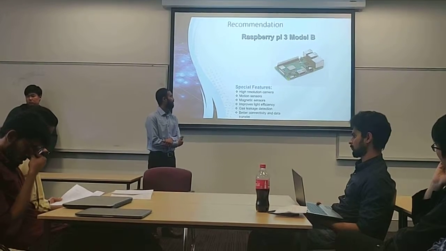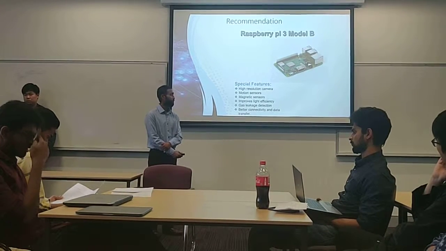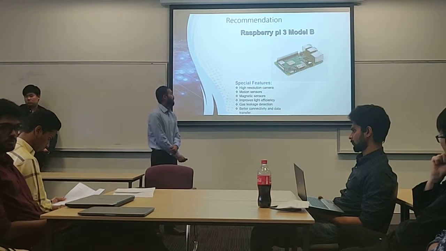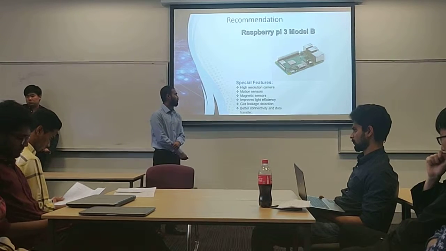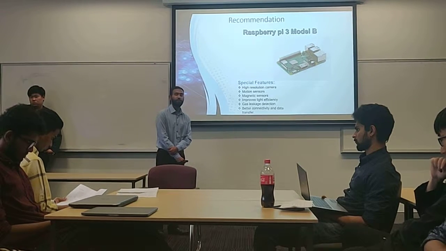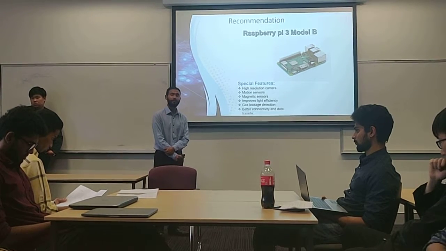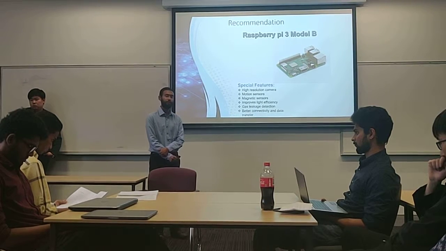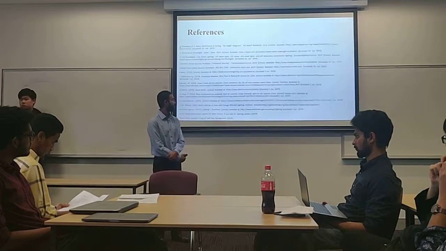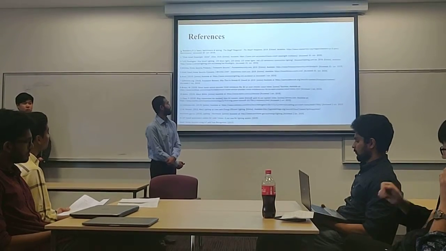It works fine with motion sensors and magnetic sensors, which will be used in the lighting system and door locks. It can be used to improve light efficiency, gas leakage detection, and also gives good connectivity with Wi-Fi and supports Bluetooth 4.1. And by this we come to the end of this presentation, and here are the references.